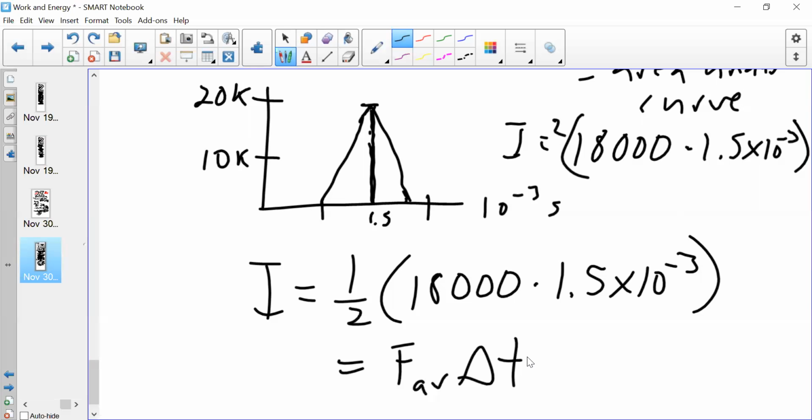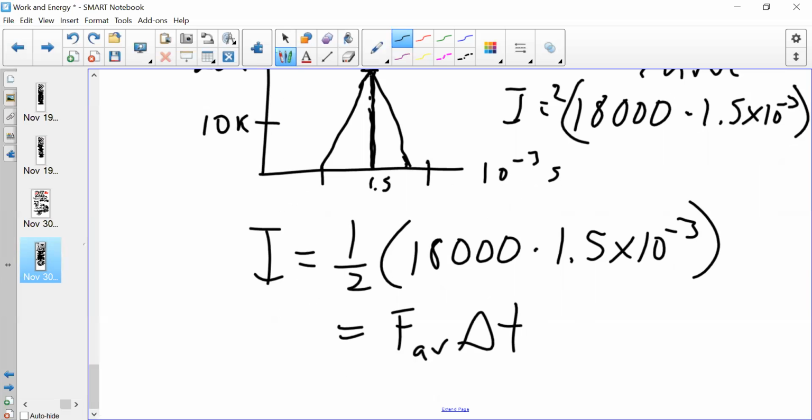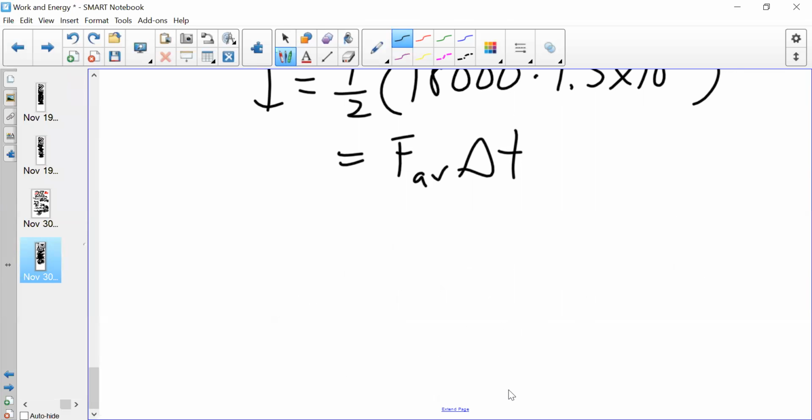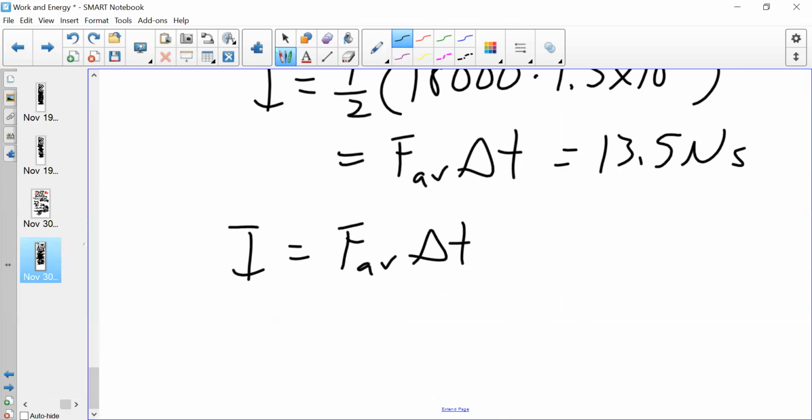Okay, so then the average force is going to be this impulse, which comes out to be 13.5 newton seconds. Average force is going to be impulse divided by time.